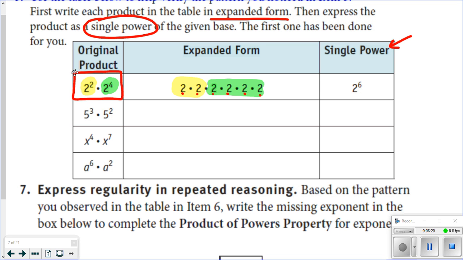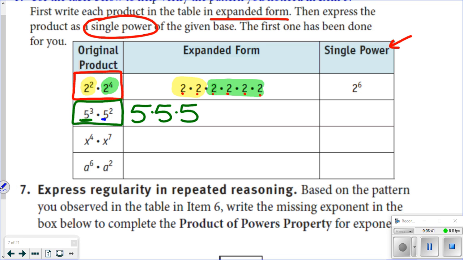So let's look at the second row. I have 5 cubed times 5 squared. So if I write out these first 5s, it's 5 times 5 times 5. 5 multiplied by itself 3 times.